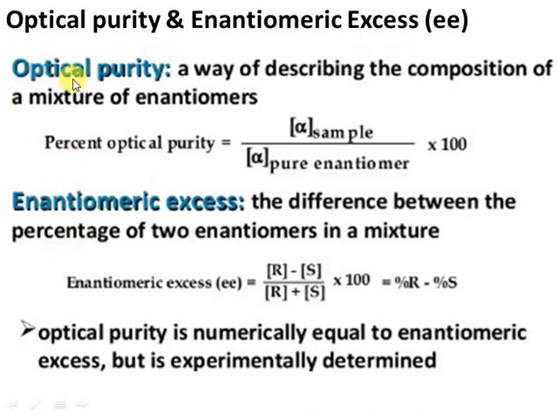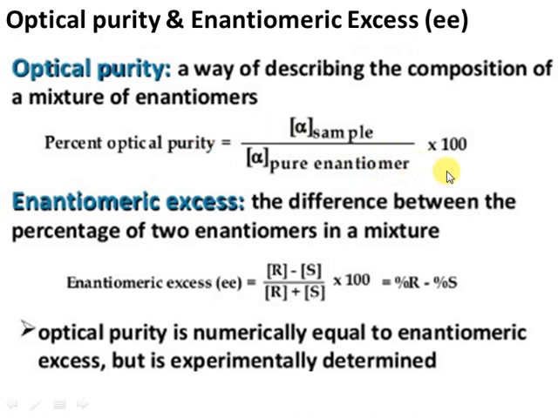Another concept is optical purity. Optical purity is a way to describe the composition of a mixture. It tells you whether the sample or reaction mixture you have has a net optical rotation or not. In order to calculate the percent optical purity, we have the optical rotation of the sample and the optical rotation of the pure isomer.